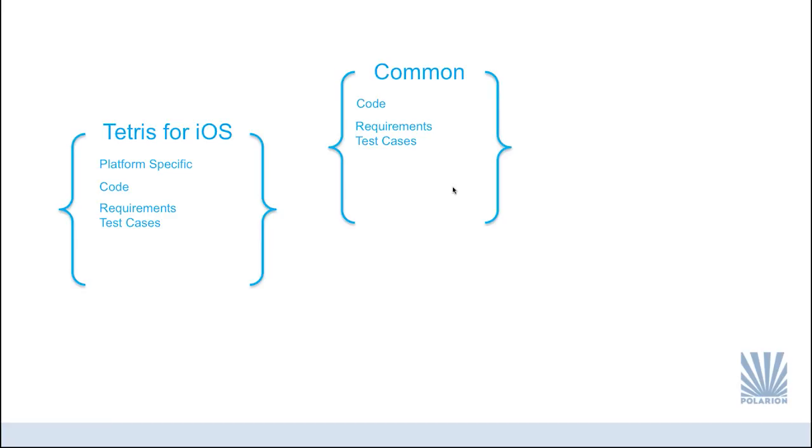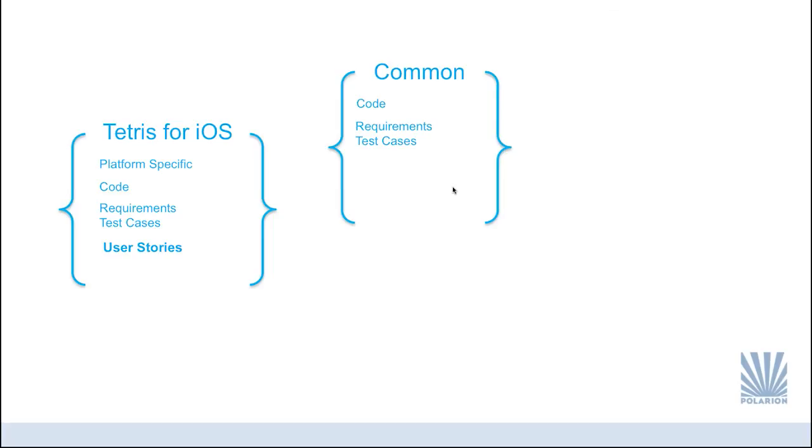The same, of course, needs to happen for requirements and test cases. The user stories, on the other hand, do not need to be split between Tetris for iOS and the common code base, because the user stories, by definition as we have seen before, actually drive a development process.